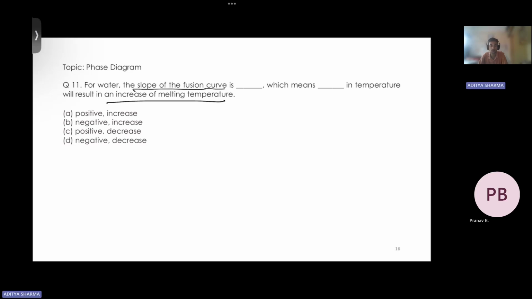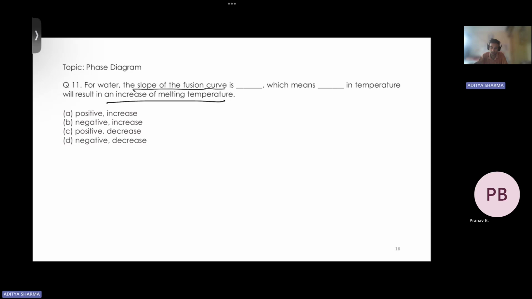But in case of water, what happens is there is a decrease in temperature that will result in the increase of melting point. Okay. So for some other fluids, the fusion curve slope is positive. So in that case, the second fill in the blank will be increase. Okay.